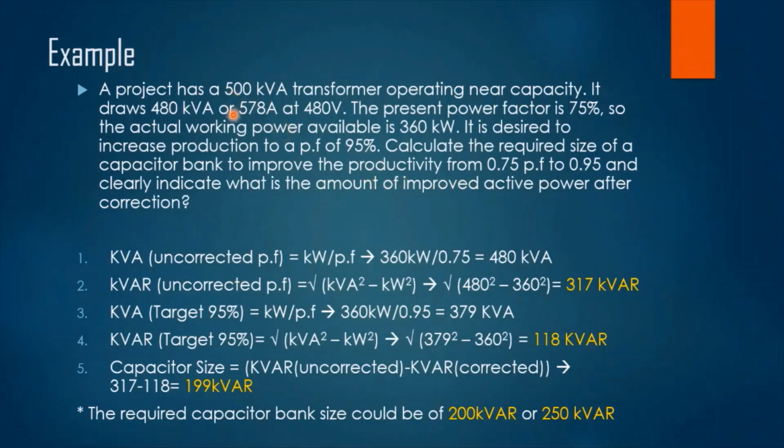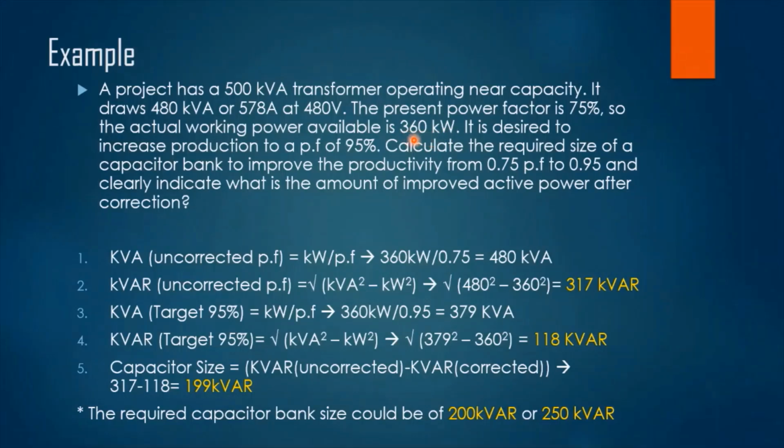Now, the example says that we have a project that has a transformer of 500 kVA that is operating at 480 kVA at 480 volts. So we have a present power factor of 0.75 or 75%. So the actual working power is 360 kilowatts. So we are looking for this main demand load.